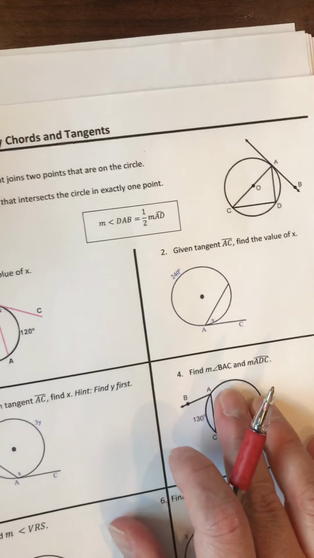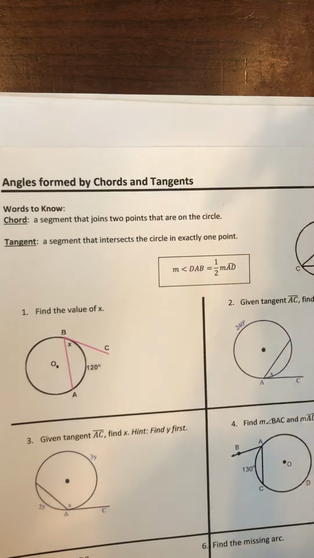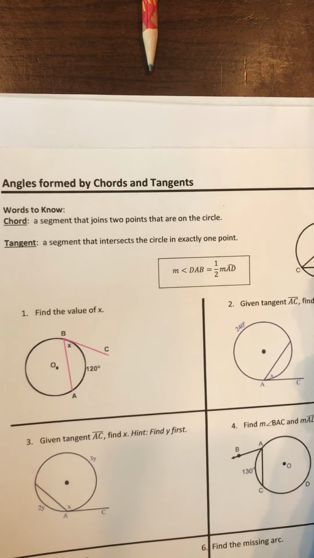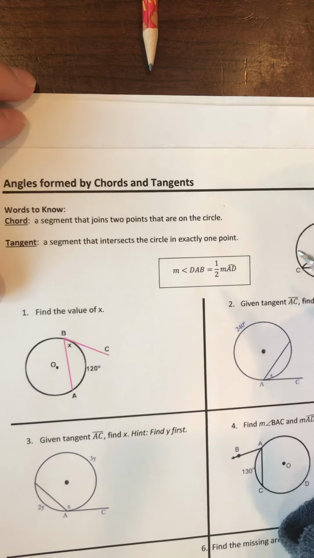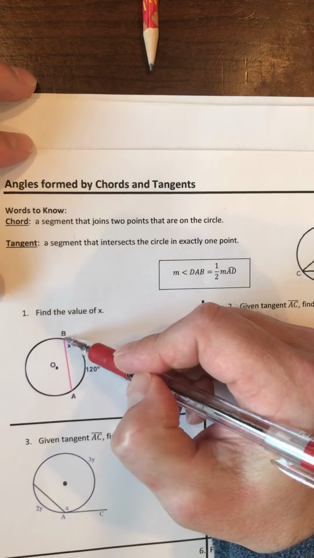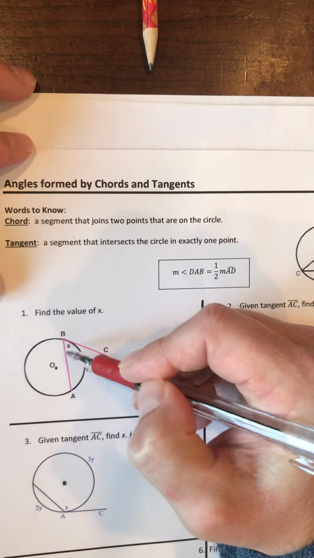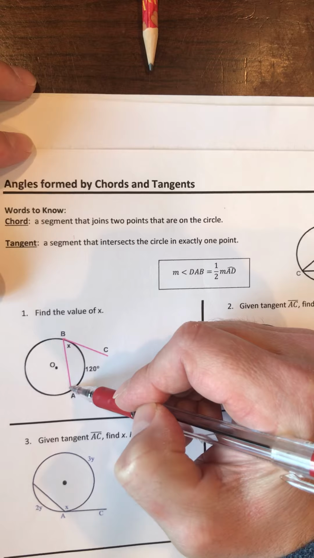All right, next up. All right, and these are easy. Check this out. These are angles formed by chords and tangents. Now, these are just like inscribed angles, okay? They're going to be half of the arc. So, again, a chord goes from 2 points on the circle. So AB is your chord in this problem.